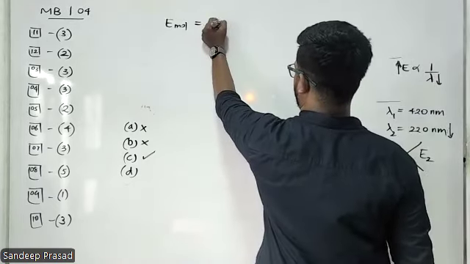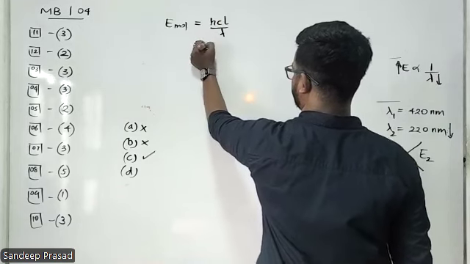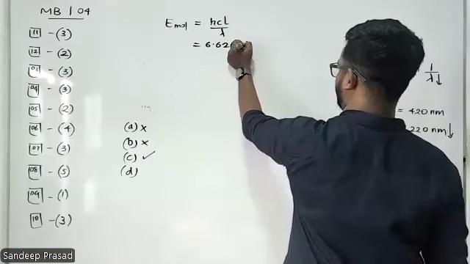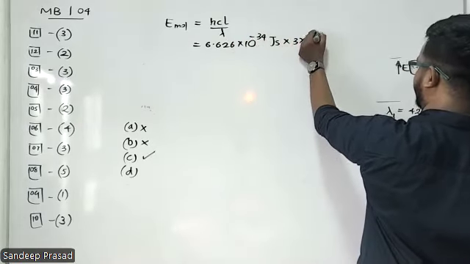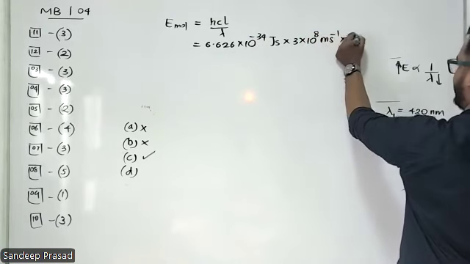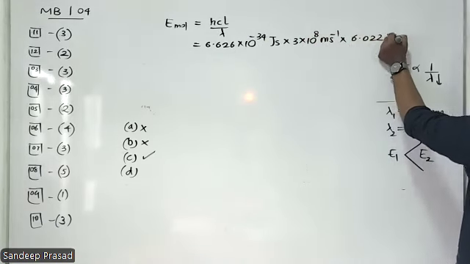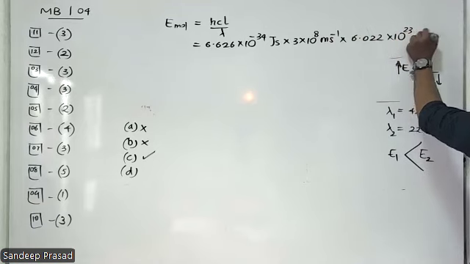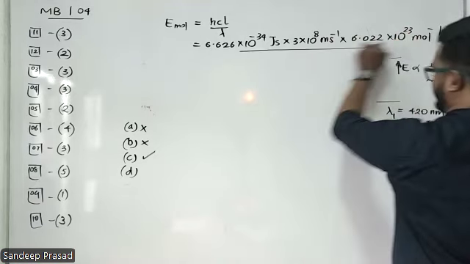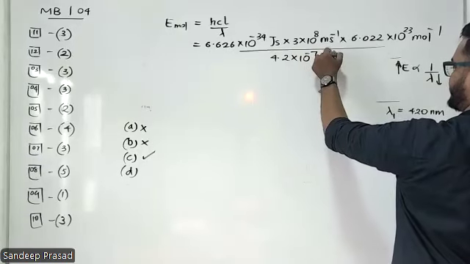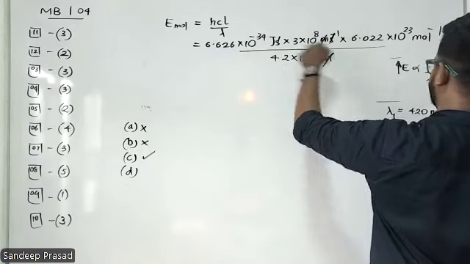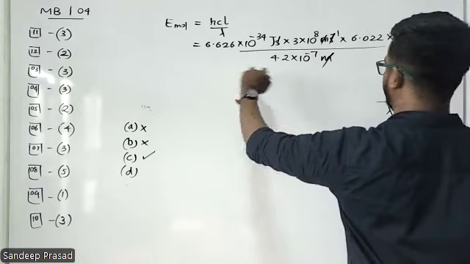Let's see. hcN_A over lambda. 6.626 × 10^-34 joule seconds. Velocity of light 3 × 10^8 meters per second. Avogadro is 6.022 × 10^23 per mole. And the wavelength should be 4.2 × 10^-7 meters. Meters will cancel off, seconds per second will cancel off.